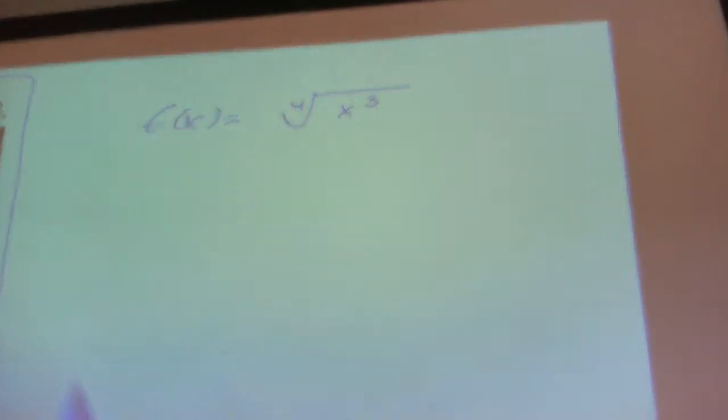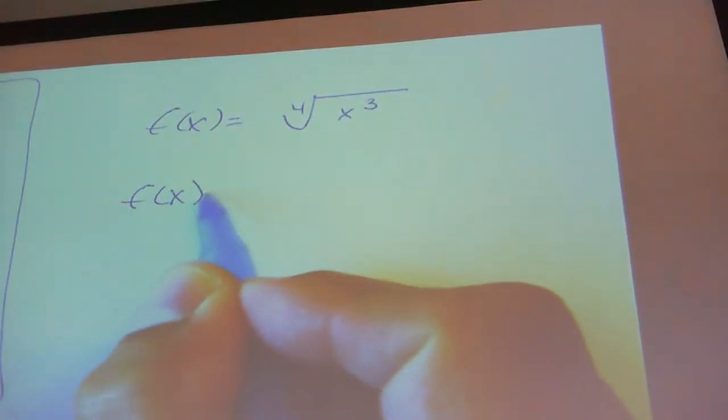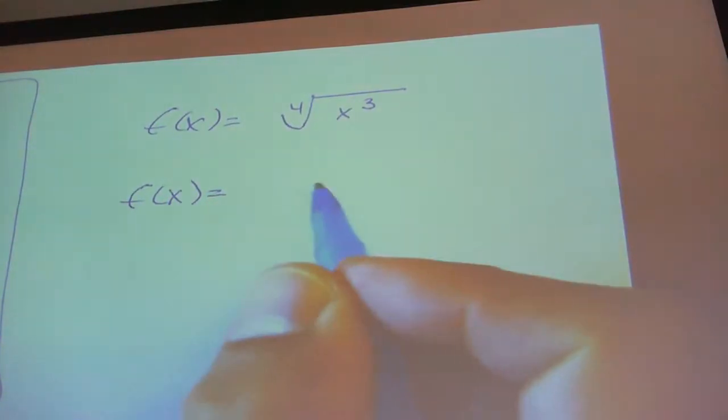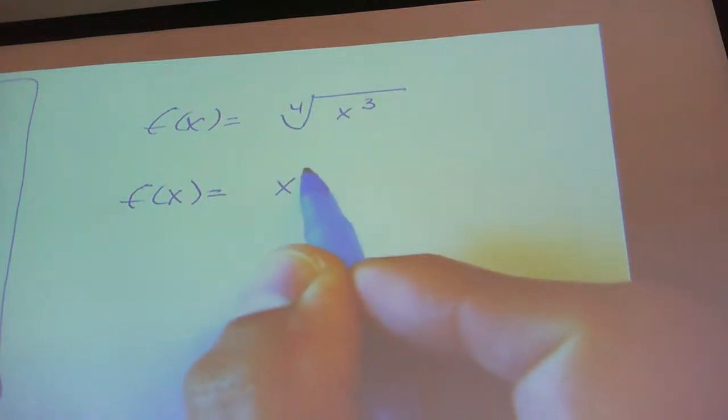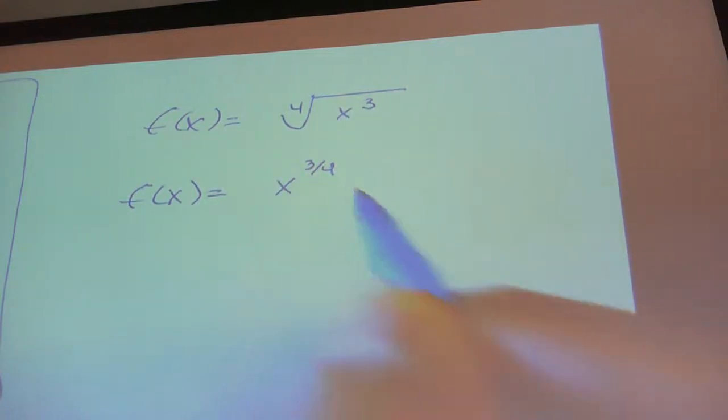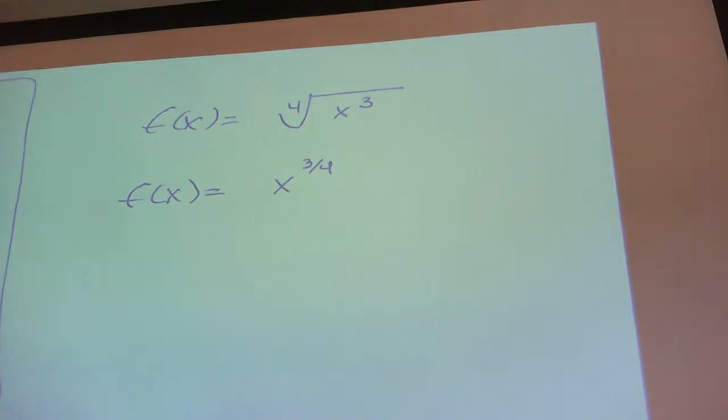Okay, so if we're a little stuck, I hope we're not, but if we are, how do we rewrite the 4th root of x to the 3rd? X to the 3/4. If you forgot that, now you know. So if it's on a test or something like that, you're able to do it. Now take the derivative. Yes, it's a fraction. Oh no, oh my gosh, it's a fraction. You'll survive.